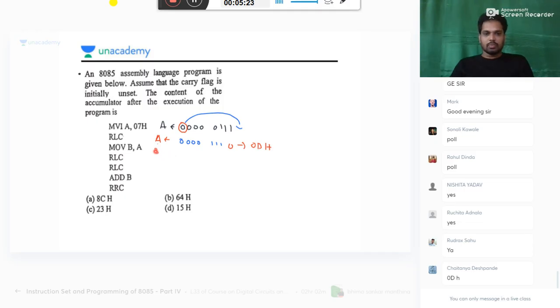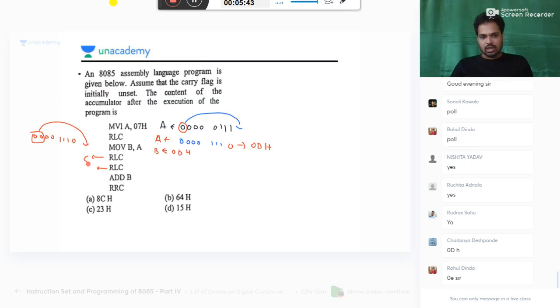Then B will be copied with 0D. Then again rotate accumulator left 2 times. 2 times means this you take initially, what is this? 0, 0, 0, 0, double 1, 1, 0. I am doing it in the easiest possible way. If you say rotate accumulator left 2 times, what is the answer after this?